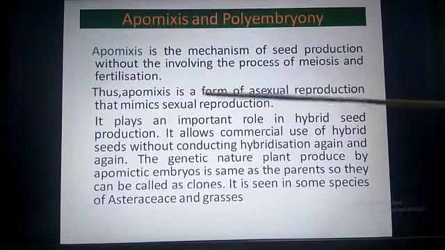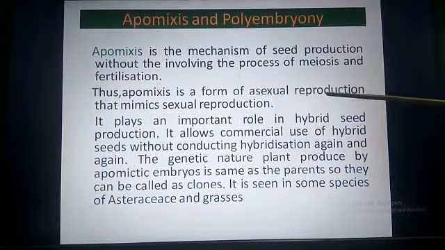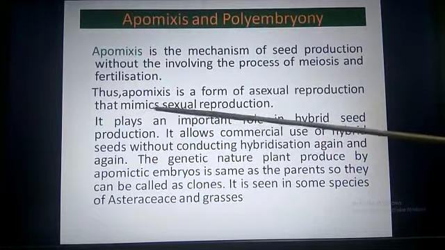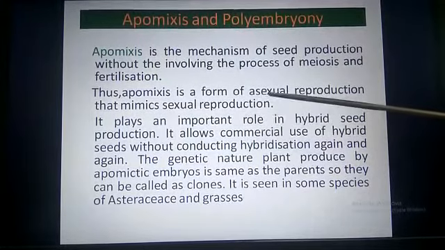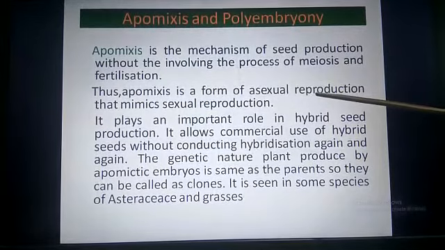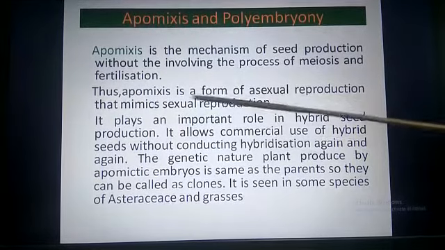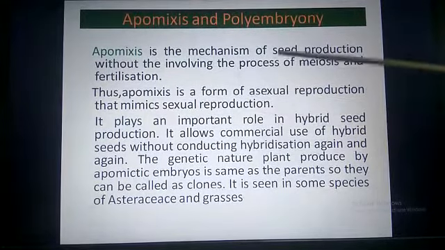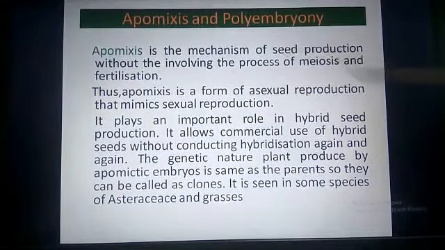So apomixis is a form of asexual reproduction that mimics or copies sexual reproduction. It is actually asexual because it does not involve fertilization, but it copies sexual reproduction by producing seed. What is the importance of apomixis?